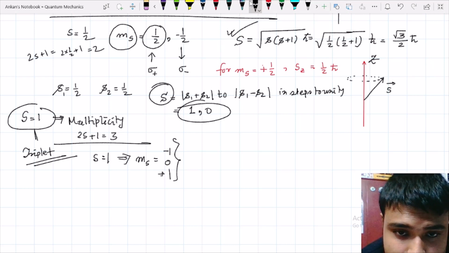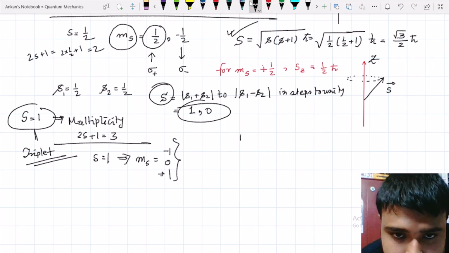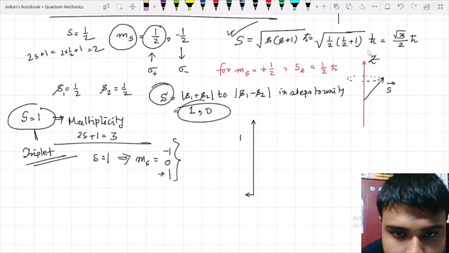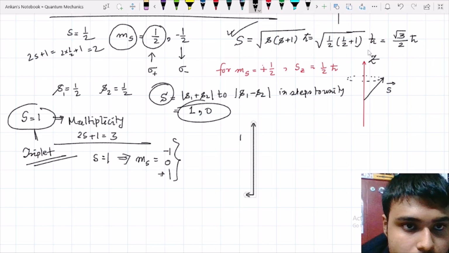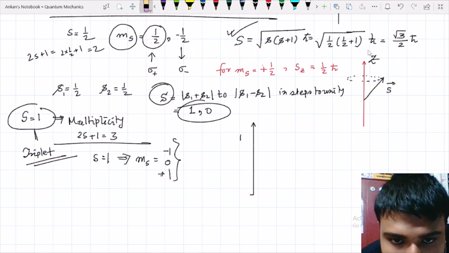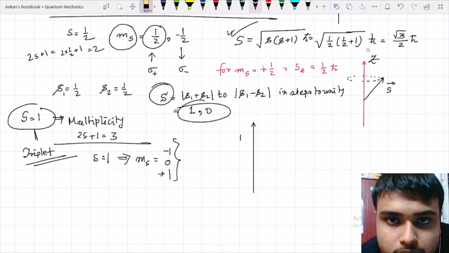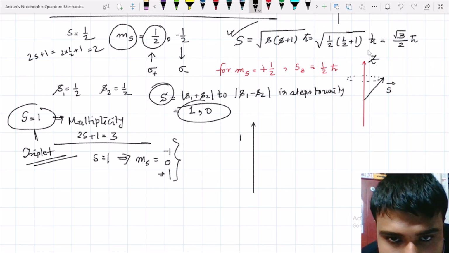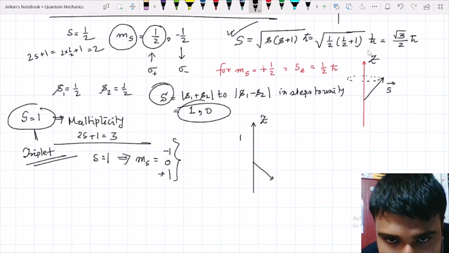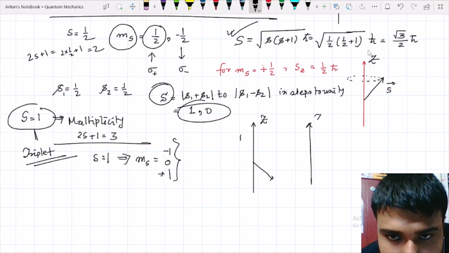Now minus 1 corresponds to the downward spin. So if this be the z-axis, then minus 1 will correspond to this direction, plus 1 will correspond to this direction.